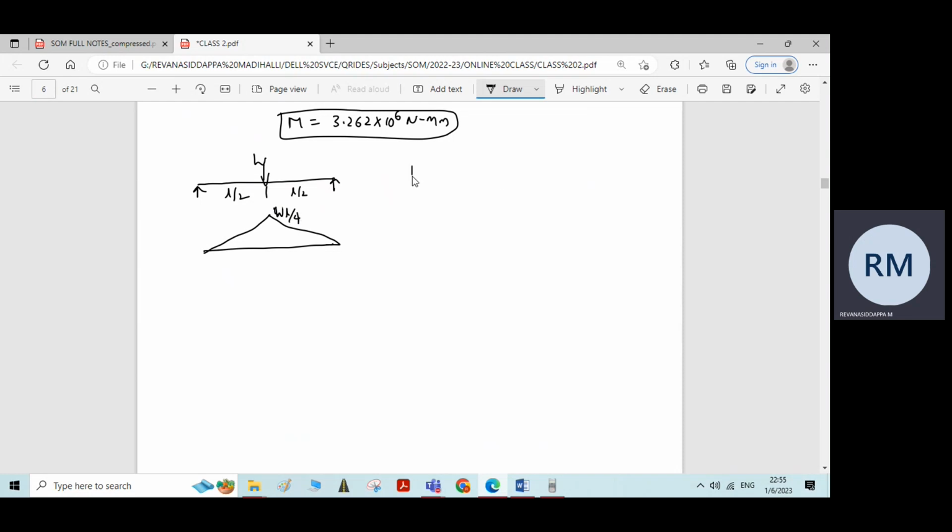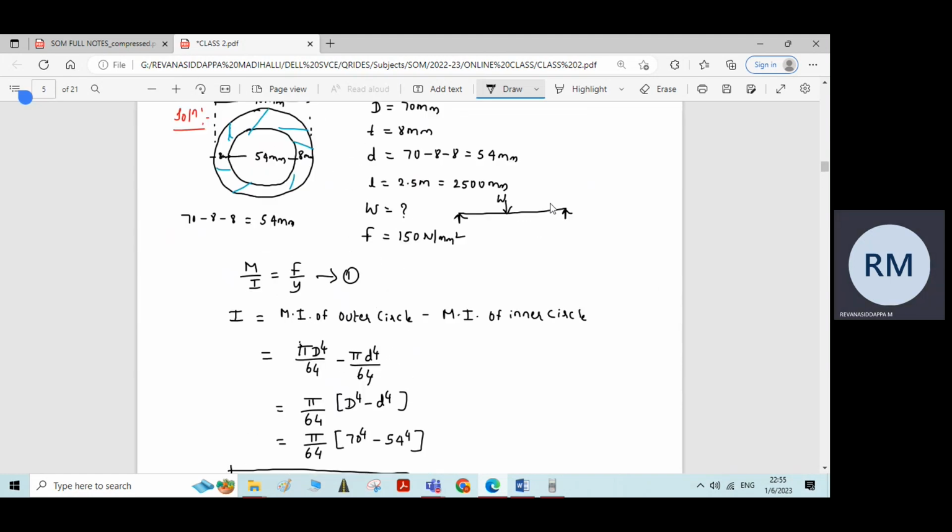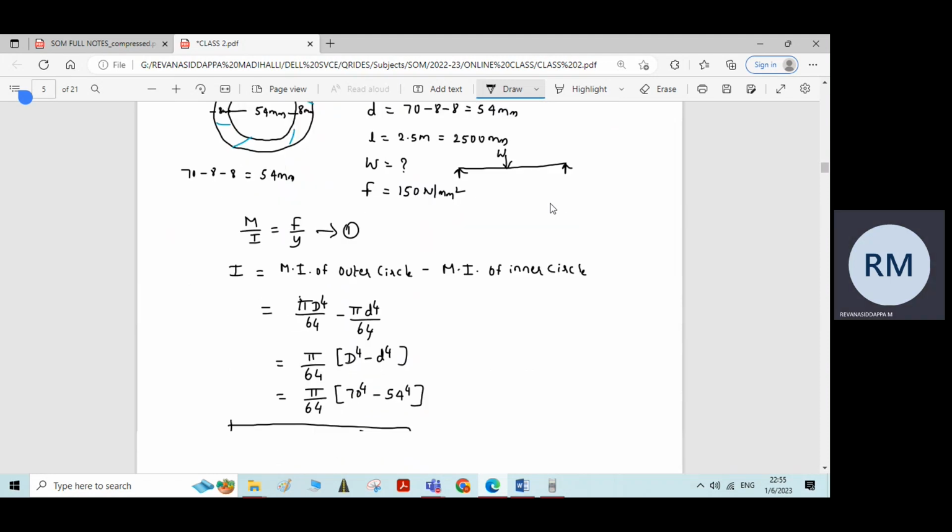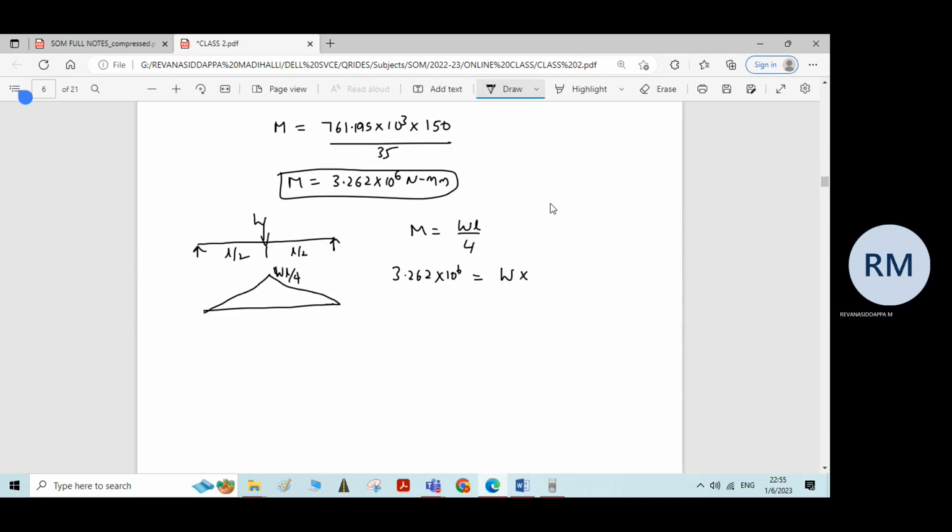We will utilize this formula now. M is equal to WL by 4. M is known, that is 3.262 into 10 power 6 is equal to W, it is unknown, into L, length of the beam is 2500 millimeter, divided by 4.